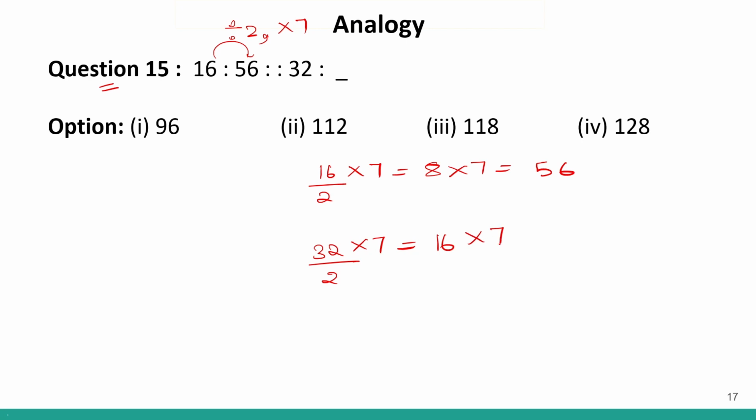And if I multiply it by 7, how much will I get? 7 into 6, 42, 4 will be carried. 7 into 1 is 7 and 7 plus 4 is 11. So this will be 112. So can we see 112 in the options? Yes. So option number 2 will be the answer. We are using the logic that we are dividing it by 2 and we are multiplying it by 7. So sometimes we have simple logic, right? But sometimes the logic can be tricky that we have to find out.